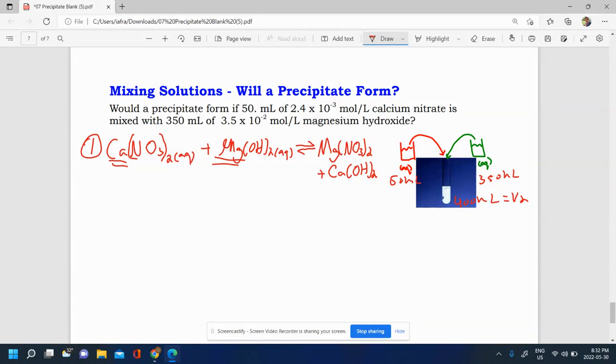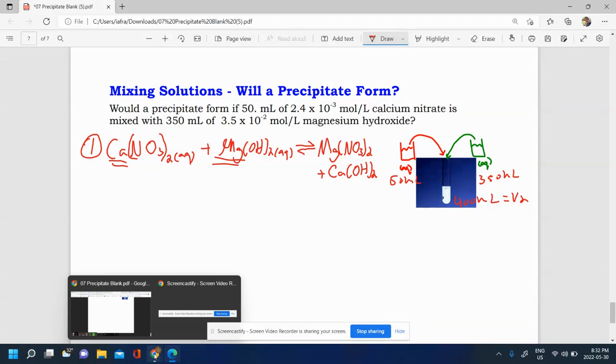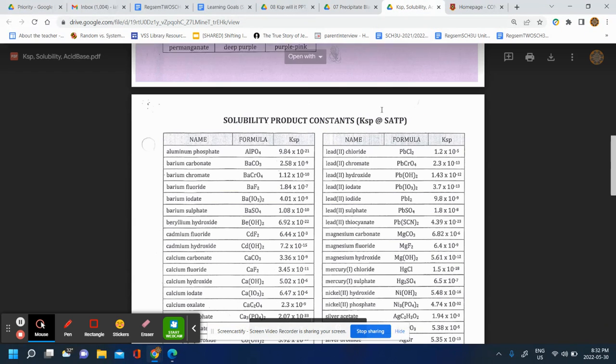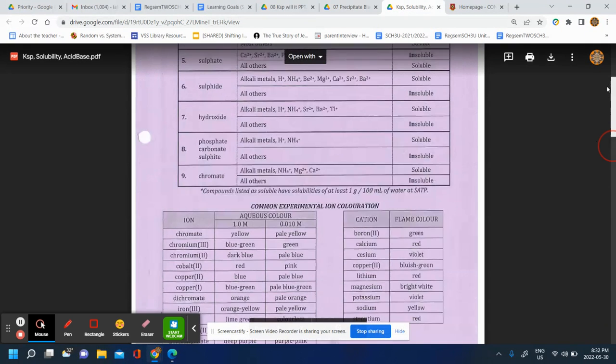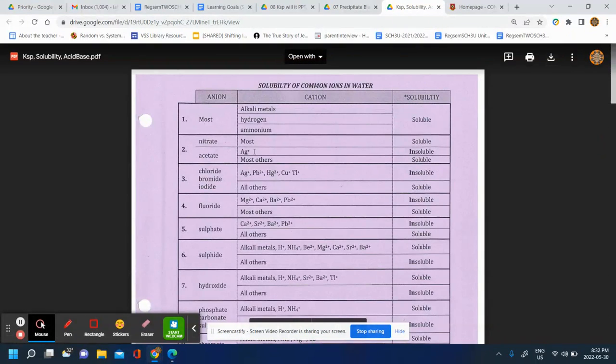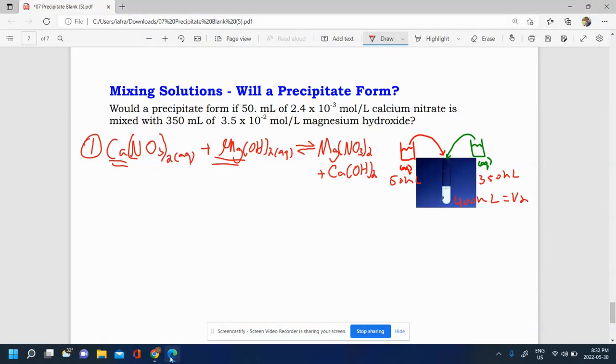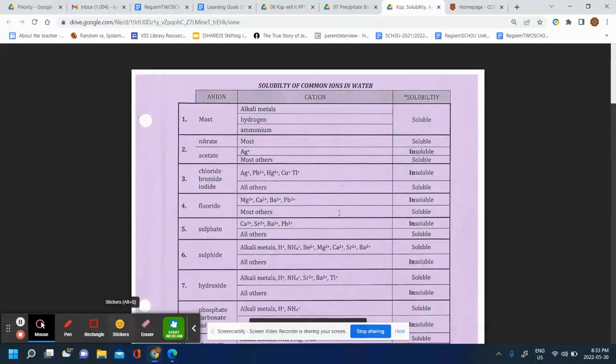And we need to figure out which one of these is soluble and which one is insoluble, if any. So we'll do the magnesium nitrate first. We'll go to our solubility table, and we'll see that the nitrates, most of them are soluble. So that makes that one aqueous. So this is not a precipitate if there is one. Calcium hydroxide. Let's take a look at that.